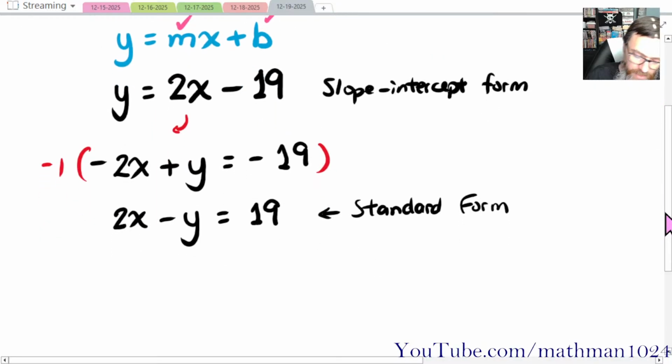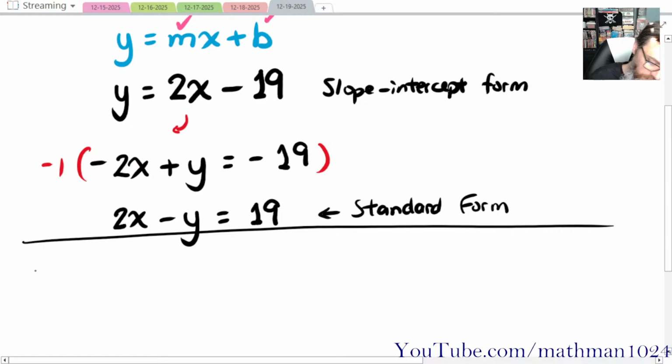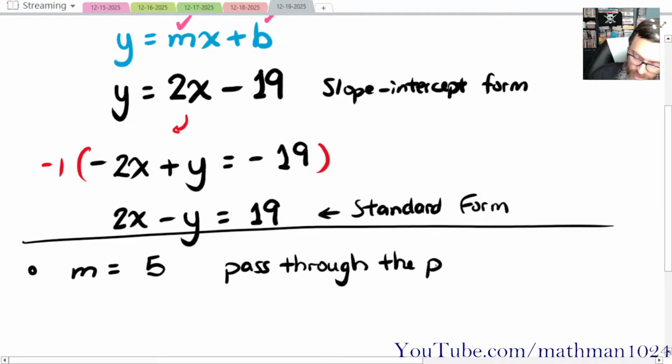But it's not always going to be that easy. So what if we have the slope is positive 5, but then I say that we're passing through the point, let's say (7, 2).